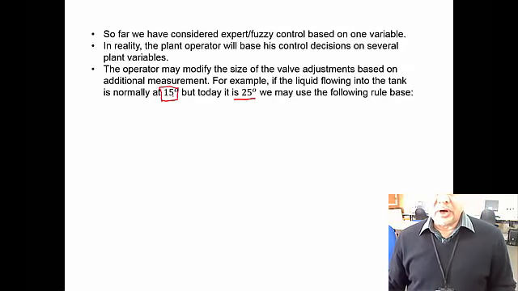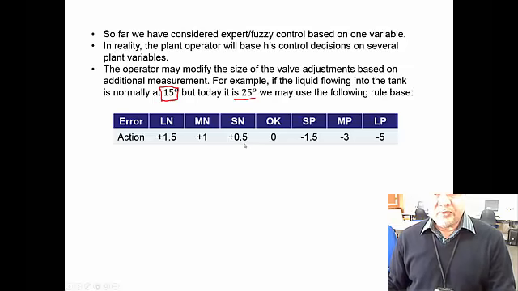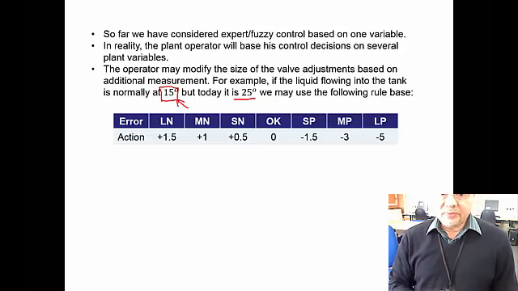So his or her action will be modified to, if it's okay, leave the valve as it is. If it's a small negative, it's plus 0.5, open the valve 0.5 increment compared with one full increment in the previous case when the temperature was 15.